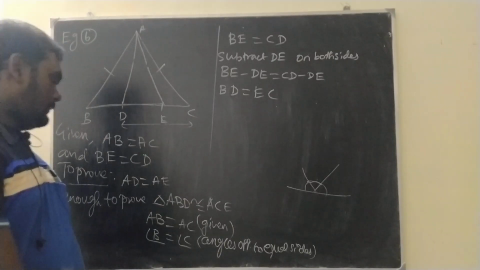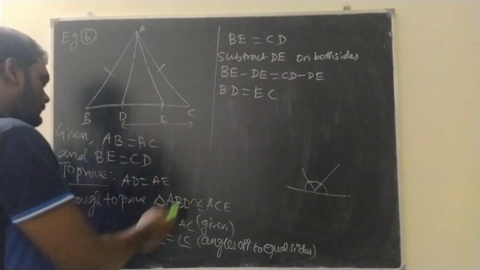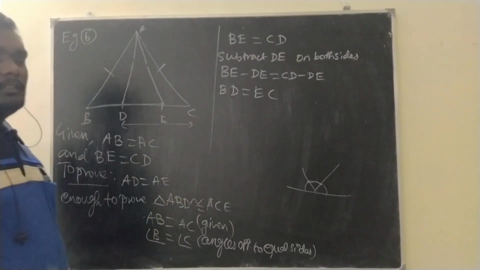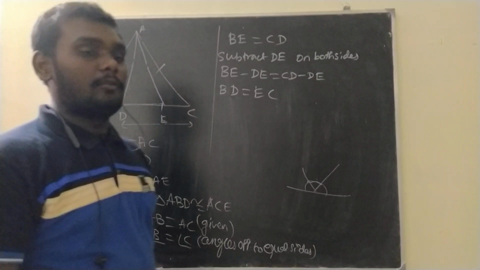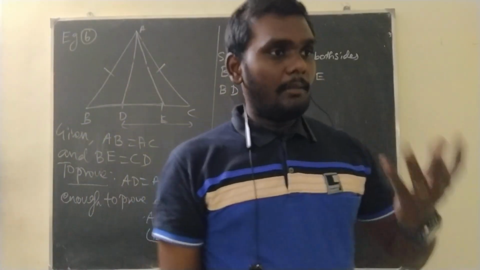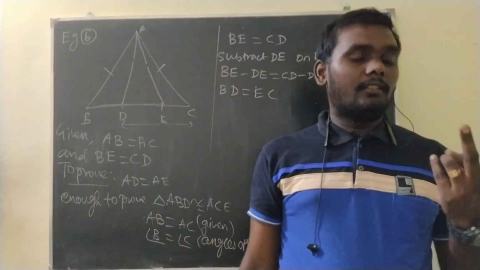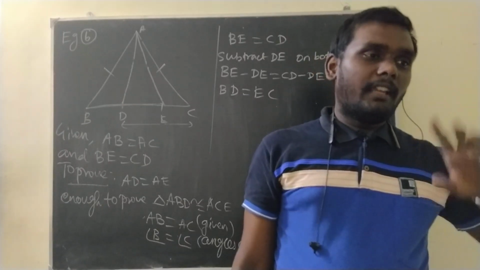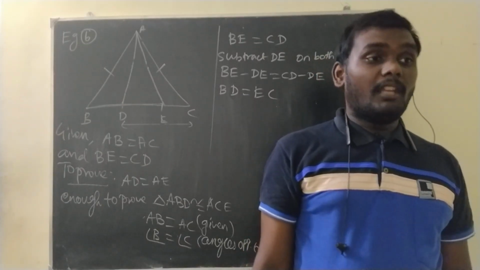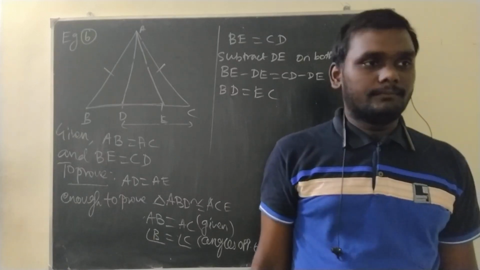Okay. So, we have one angle and the two sides equal. We should make sure that that angle lies between the two sides. Every time I am saying this. Why am I saying this? Because sometimes two sides and one angle may be equal, but the angle may not lie between those two sides. You need to make sure of that. That is why every time I am telling.